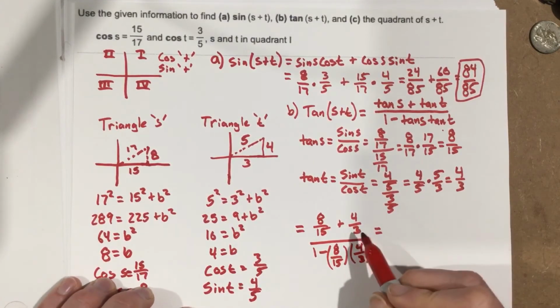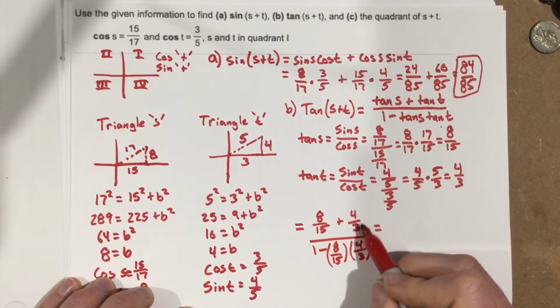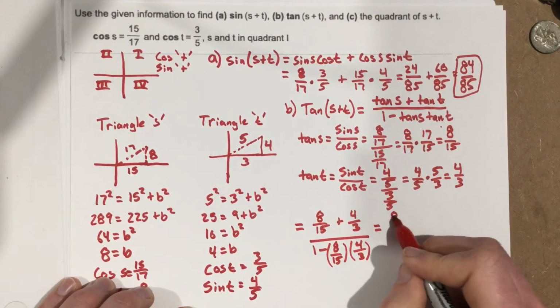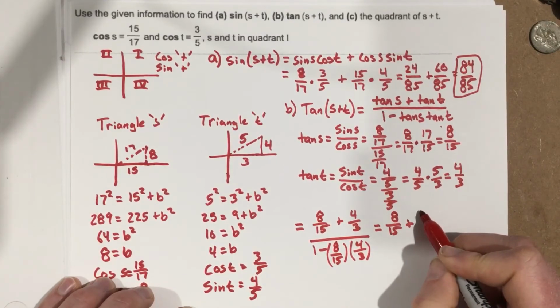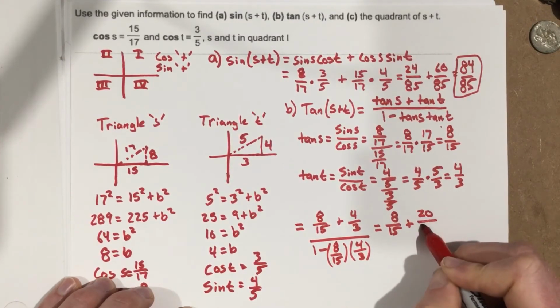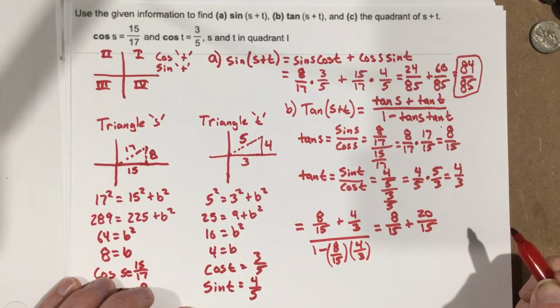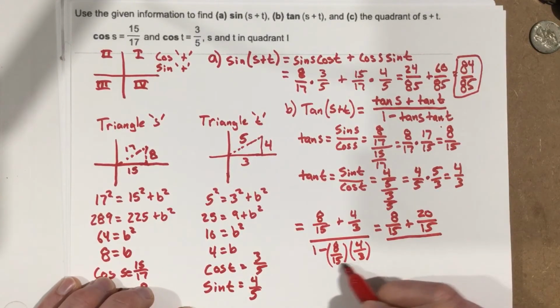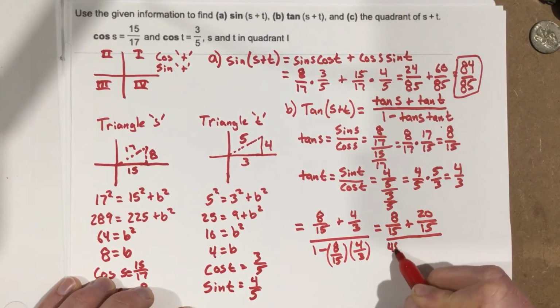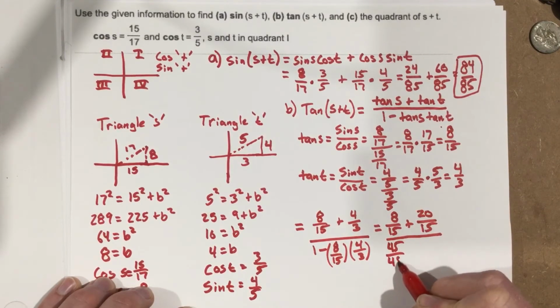So we can go through and find a common denominator here. We can just multiply this one by 5 over 5. So we get 8 over 15 plus 20 over 15. Over, on the bottom, we're going to end up with a denominator of 45 here. So I'm going to do two steps at once and say that this is 45 over 45, which is 1, right?